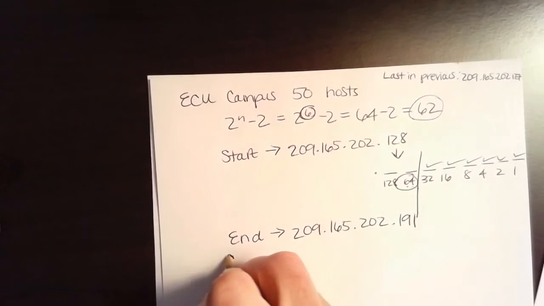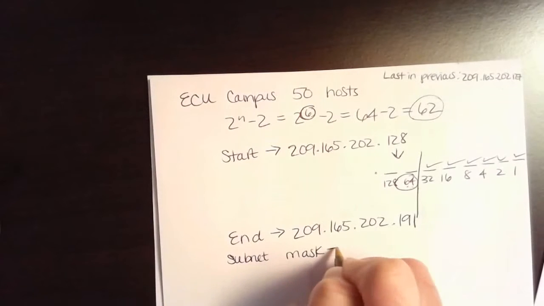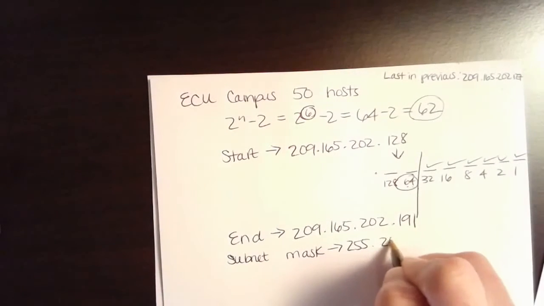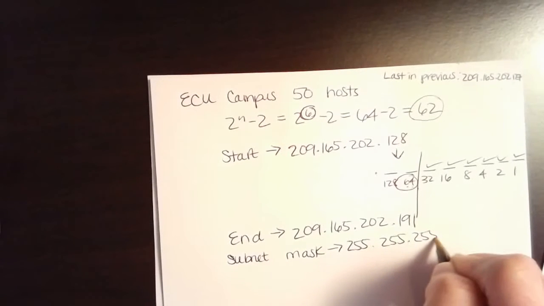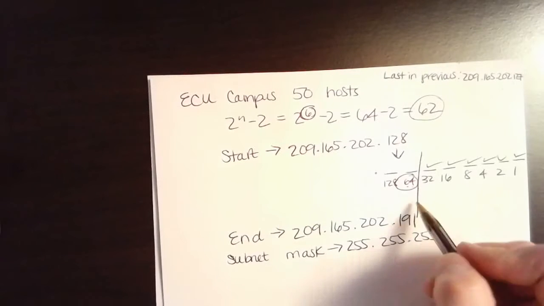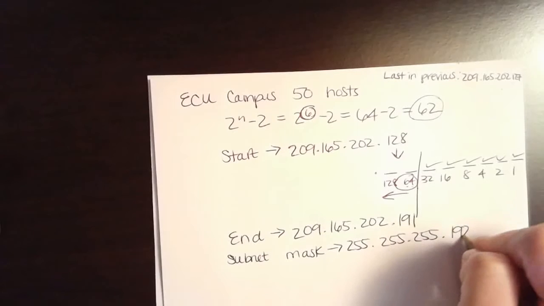My subnet mask for every address in this subnet is 255.255.255, and again we're in the 4th octet, so that's the only one we need to worry about changing here. And if we add together 128 and 64, that's 192.